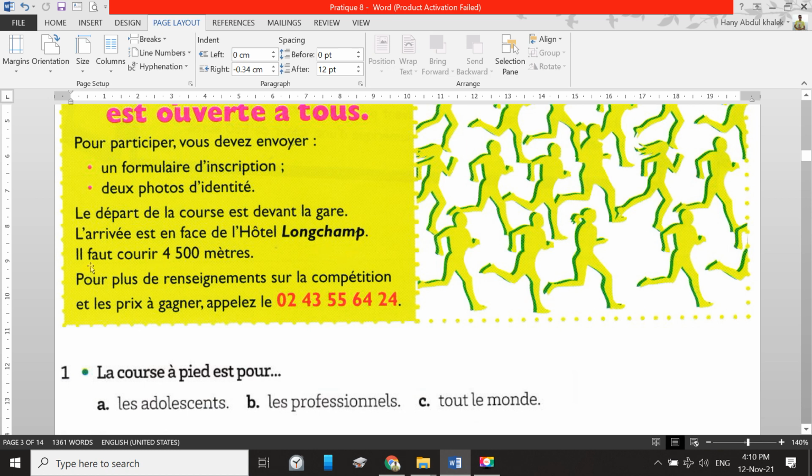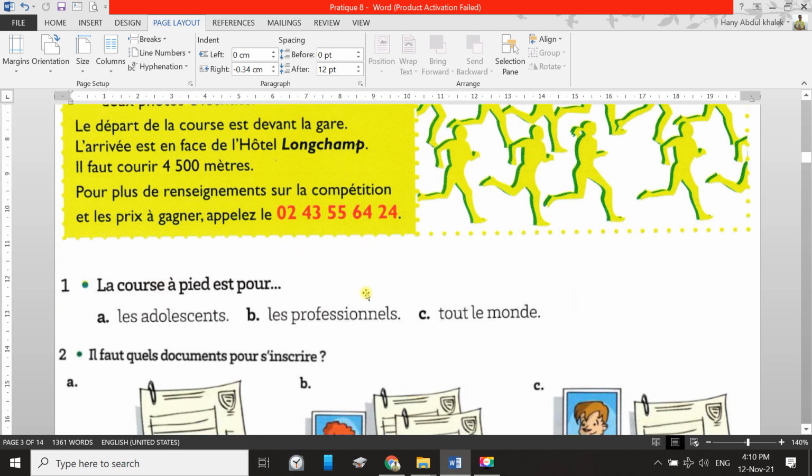Il faut courir, we should run 4500 mètres, 4500 meters, pour plus de renseignements, for more information sur la compétition et les prix, and the rewards or the presents or the gifts or the prizes à gagner, to win, appelez, call le 02, and this is the number.